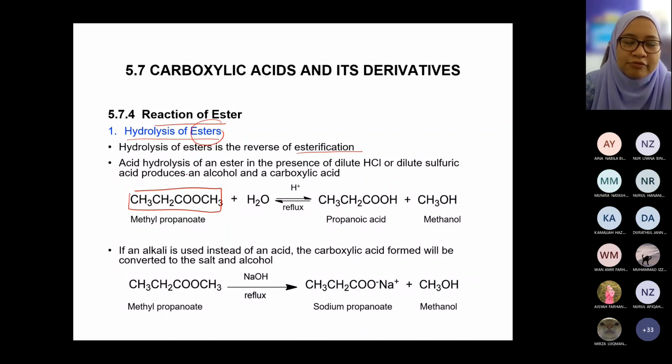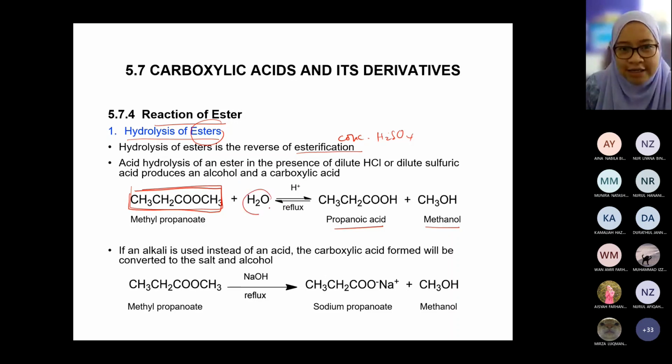Kita pecahkan balik dia punya bond. So dia dah jadi satu produk kan. So kita boleh pecahkan dia, kita break this molecule into two, reverse balik. So it will produce propanoic acid and alcohol. Boleh produce balik dia punya original form of reactant. Okay, so condition, kalau nak produce ester, kena pakai concentrated H2SO4. Tapi kalau nak hydrolyze, you kena pakai diluted.